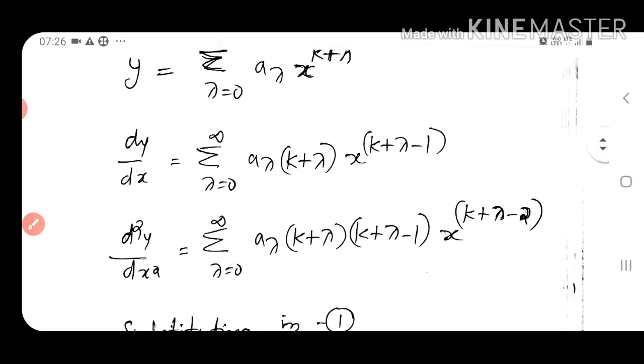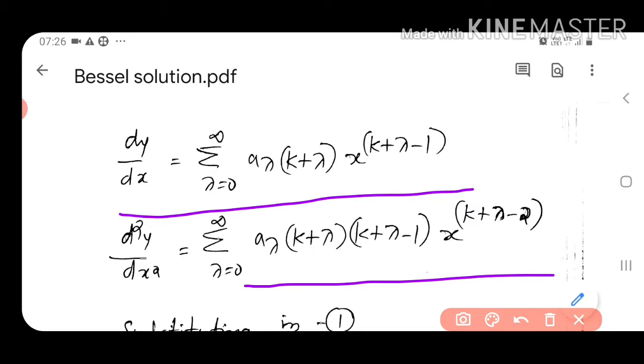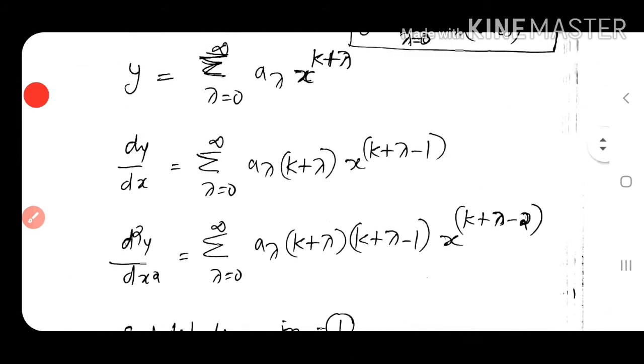and d square y by dx square, that is given by, when we again differentiate this, we will get a lambda (k plus lambda)(k plus lambda minus 1), and the power of x now becomes k plus lambda minus 2. Okay, so this is d square y by dx square.